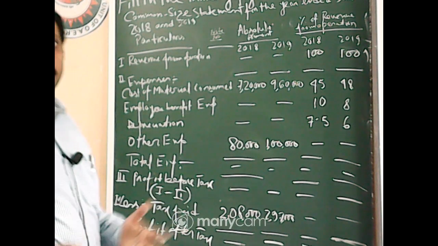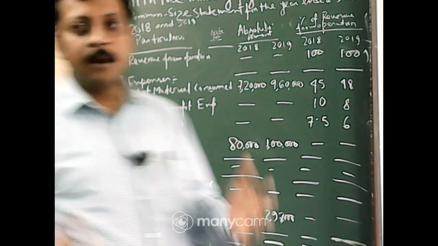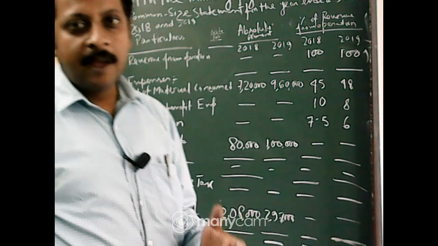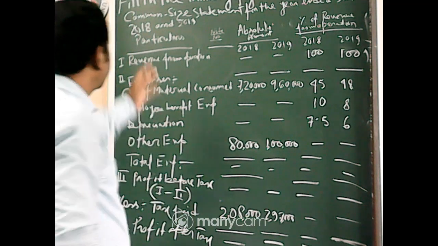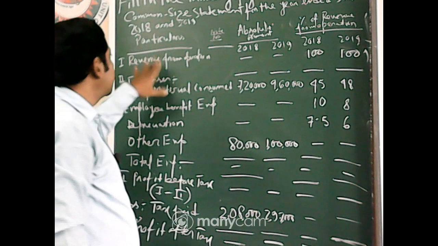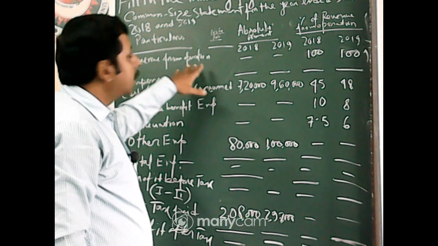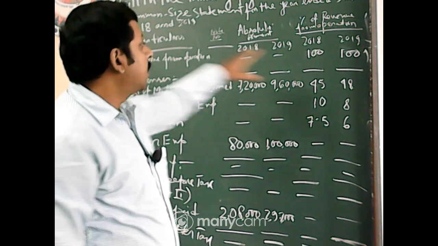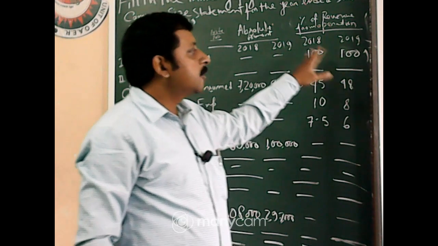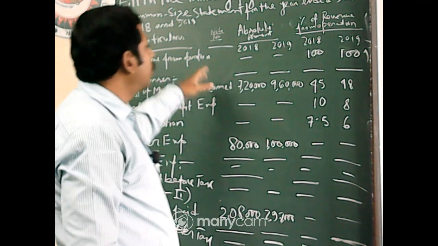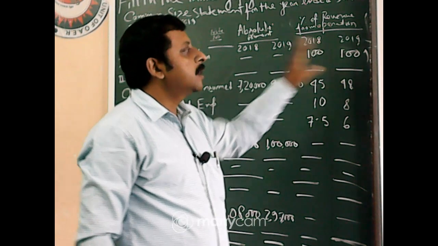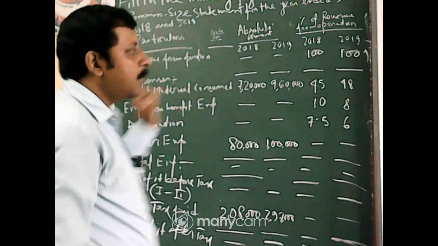In the case of a balance sheet, the common base is total of liabilities and total of assets, and that percentage is 100. And in a common size profit and loss statement, our base is revenue from operation, and that is 100%. So even if the question does not give the percentage of revenue from operation, your base will be 100. So first just write down 100 and 100.